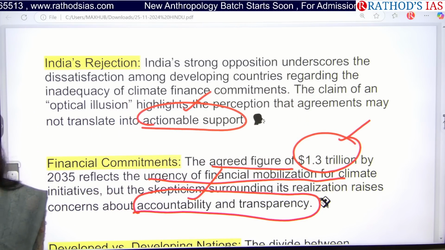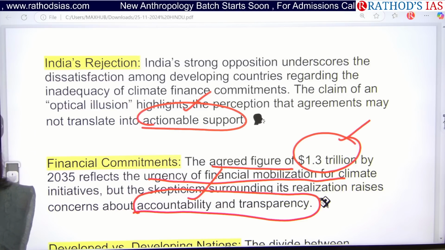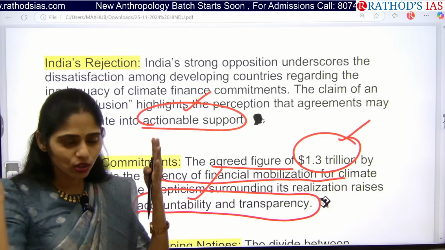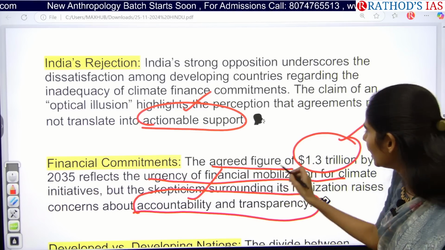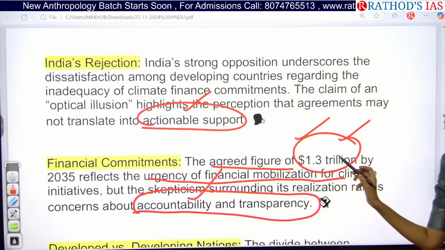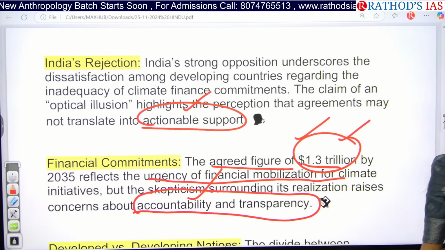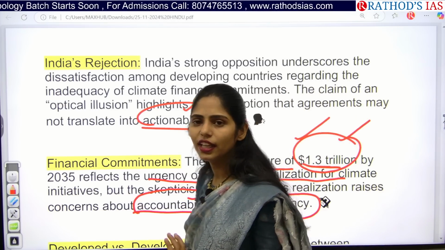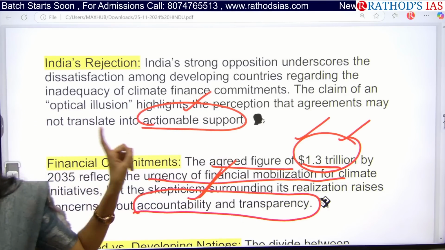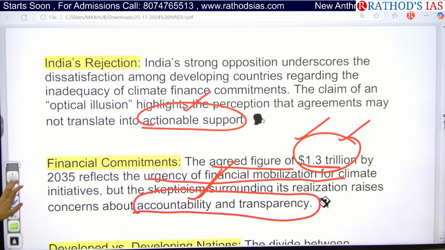The OPEC plus countries said that we provided that. But there is no accountability, like who took that and in which areas it was used. And here also the same problem. They said we are going to give $1.3 trillion annually, every year, but there is no accountability. Because of this, India is rejecting this kind of agreement.